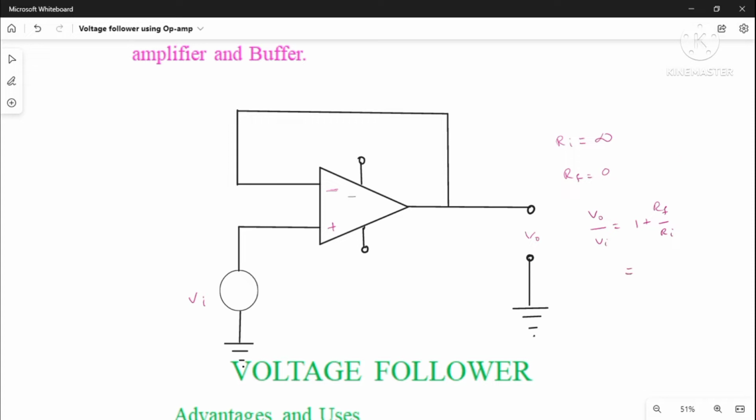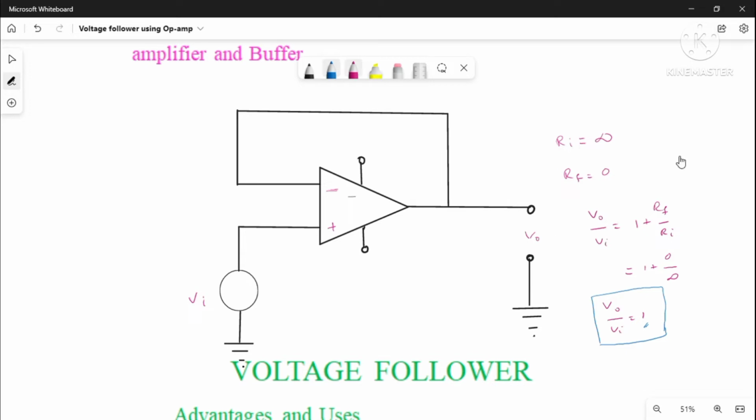Substituting, 1 plus 0 by infinity, Vout by Vi is equal to 1. Due to this fact, the amplifier is called a unity gain amplifier. The gain of the amplifier is 1.